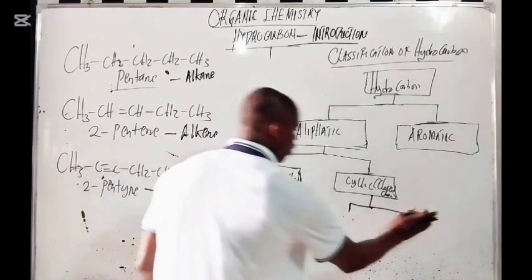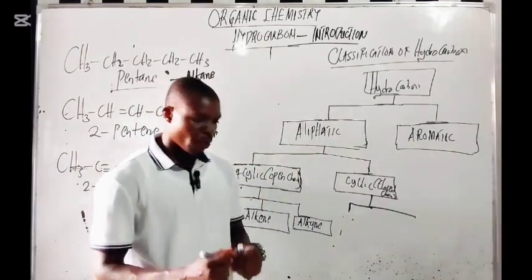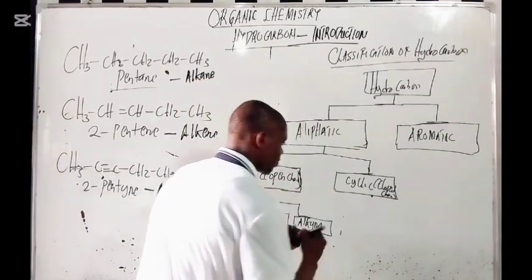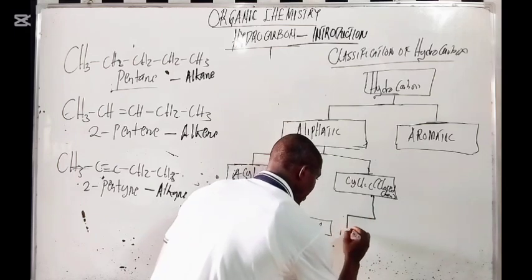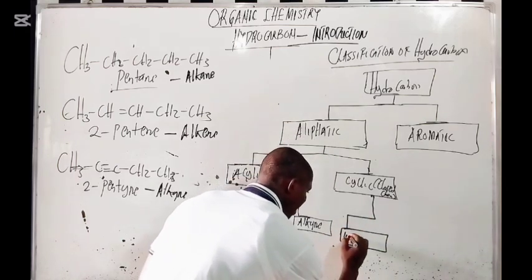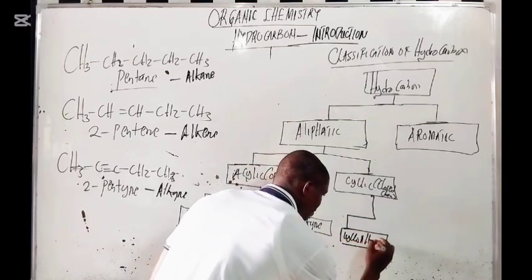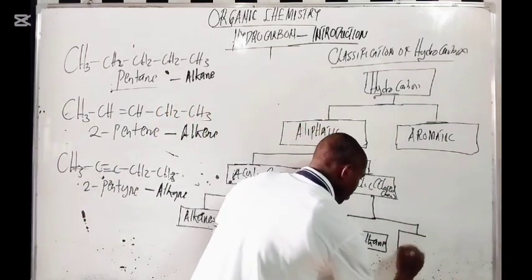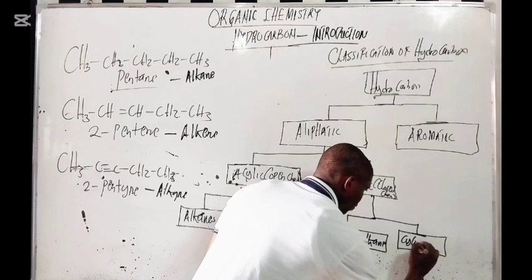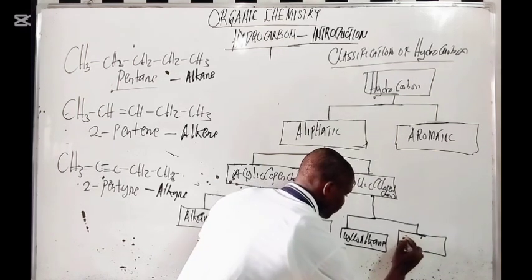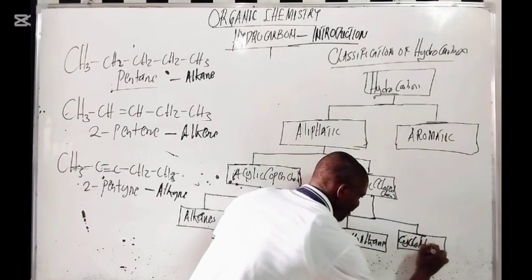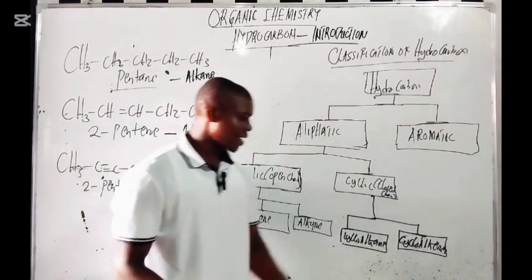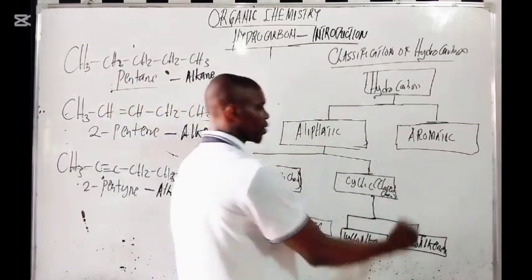They are called cyclic compounds or closed chain. So let us look at this here: you have cycloalkanes, and here we have cycloalkenes.